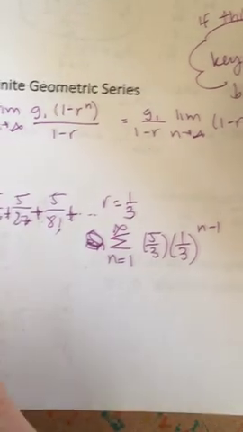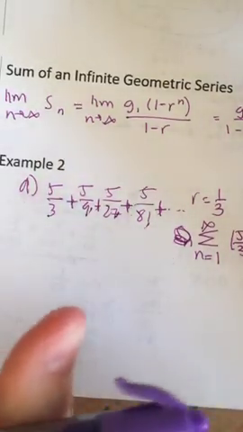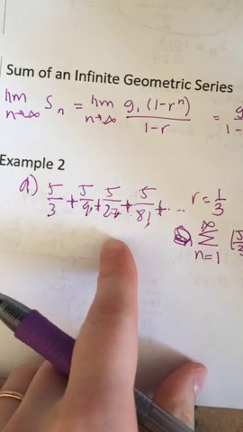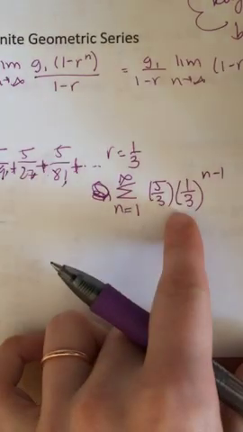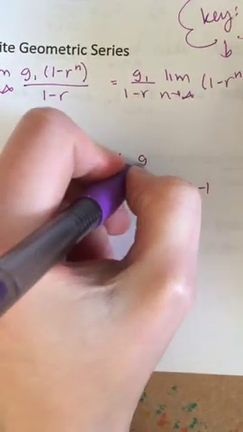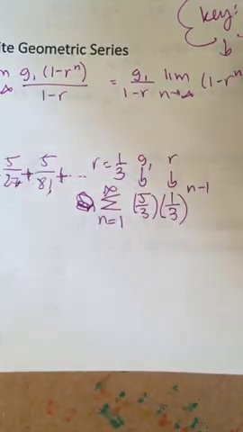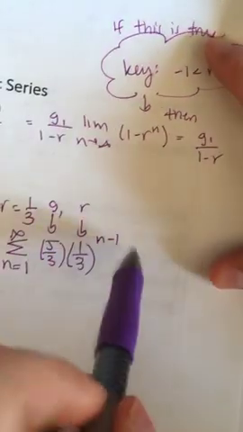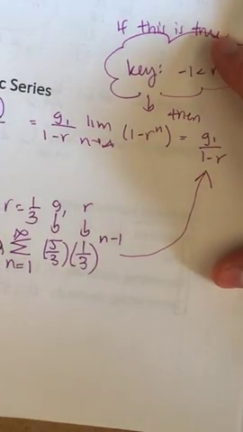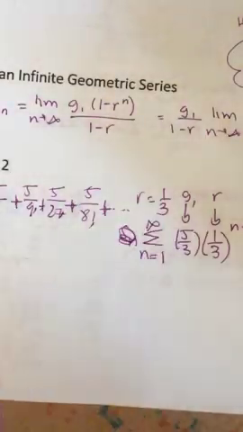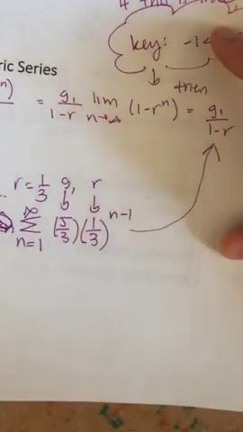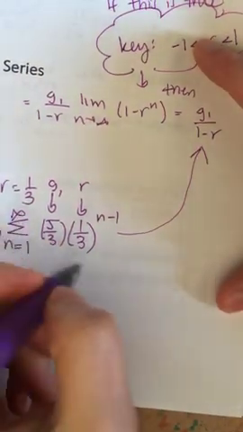Okay? So now that I've made this, it was already geometric, but I've now made it a series instead of a sequence. So this is my first term. They just use G because G for geometric. This is my R. Can you plug this into this formula and figure out what this eventually would add up to? Pause it, figure it out. Come back and check when you're done.